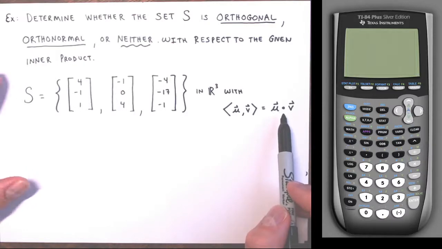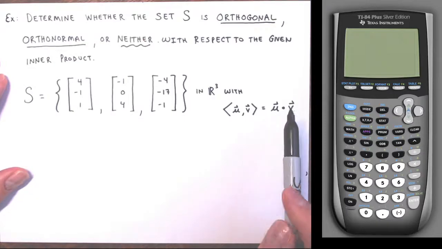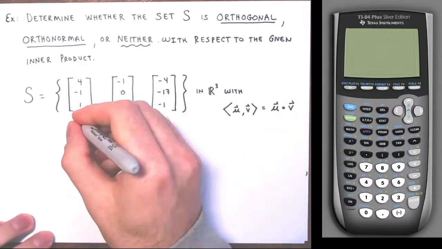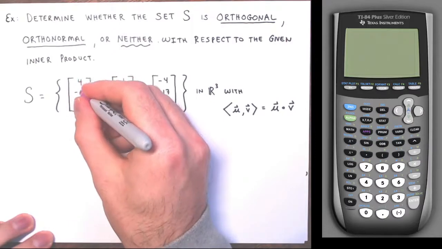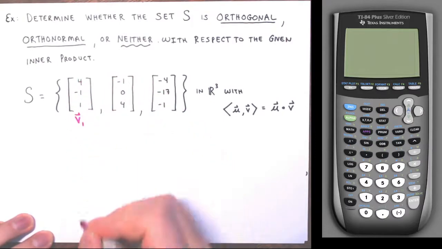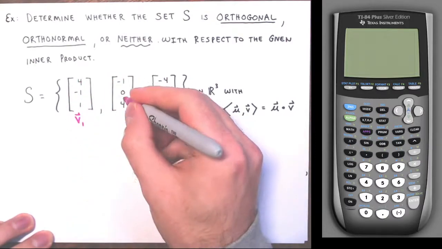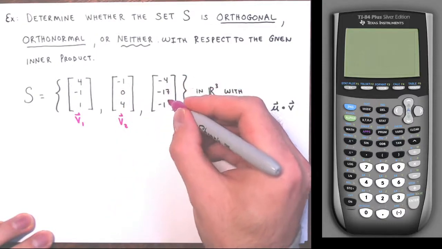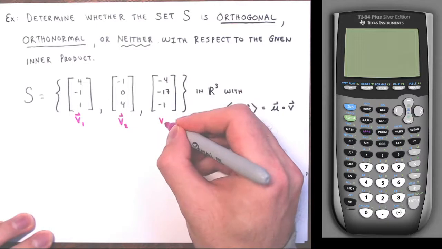The dot product is my inner product for this example. All right, so let me label these. I have a set with 3 vectors. Say 4, negative 1, 1 is vector v1. The negative 1, 0, 4 is vector v2. And negative 4, negative 17, negative 1 is vector v3.